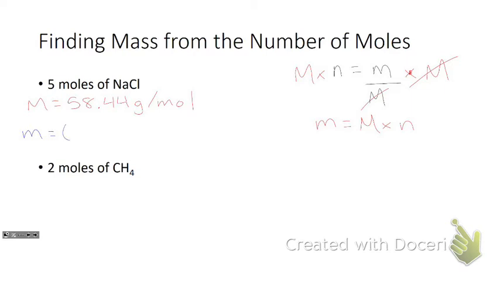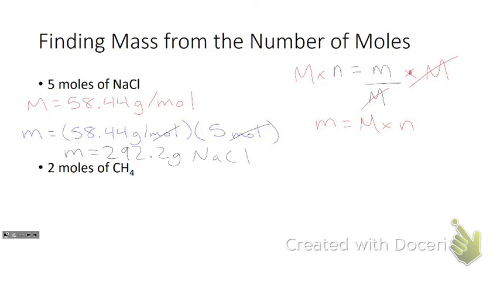So we have 58.44 grams per mole multiplied by 5 moles. Our mole units will cancel because we have grams divided by mole, and we just have 5 moles, so moles divided by moles will cancel, and our little m is going to be 292.2 grams of NaCl.